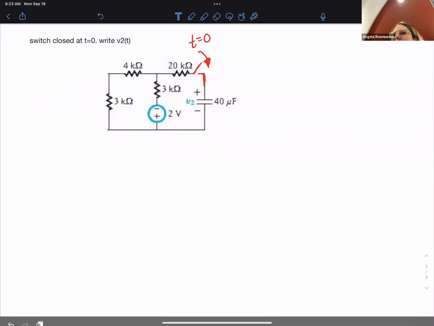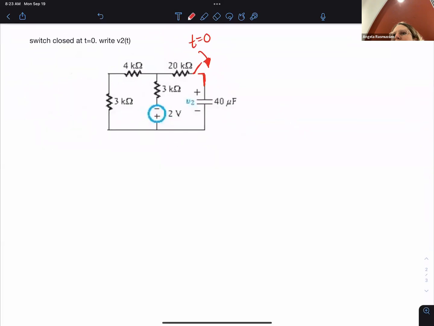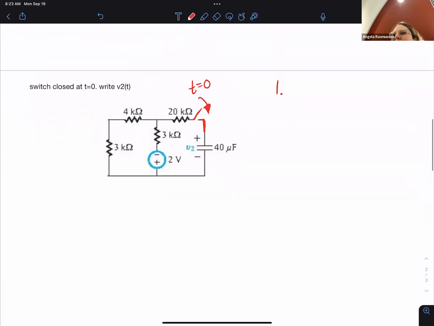So where do we start? Okay, so that could be a good place to start. Simplify circuit if you can.